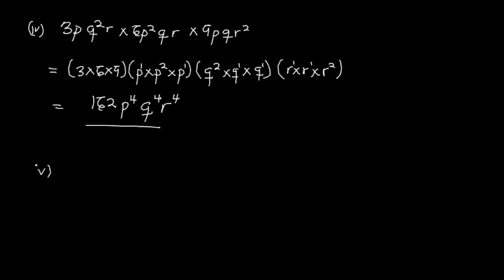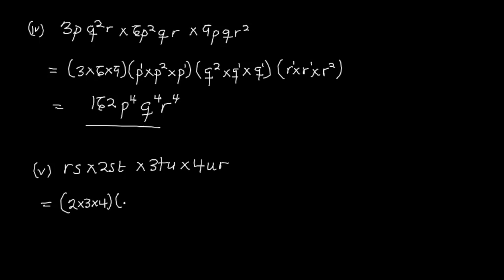Right, so let's look at the last expression. We have rs multiplied by 2st multiplied by 3tu multiplied by 4ur. As usual, I need to multiply my numbers and then each variable by the other. So I have 2 multiplied by 3 multiplied by 4, then r multiplied by another r over here.